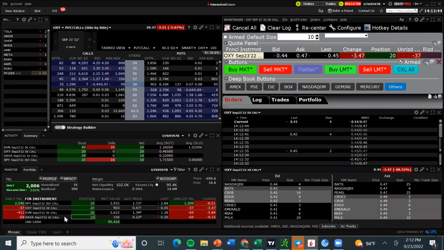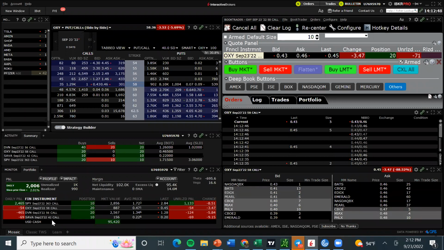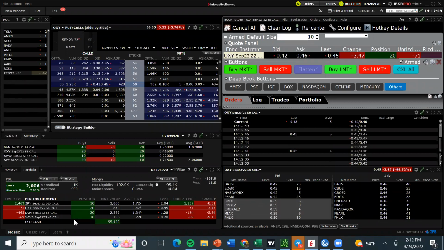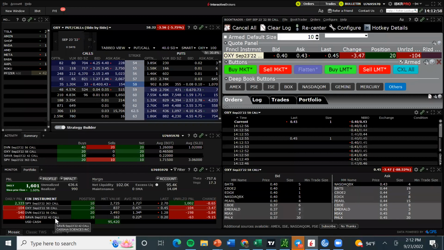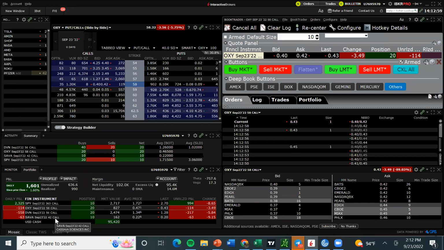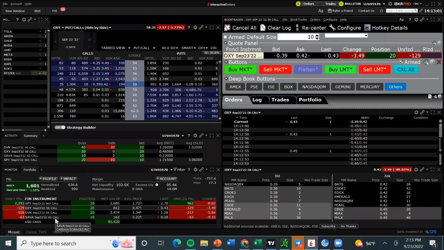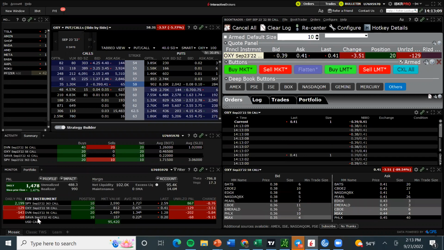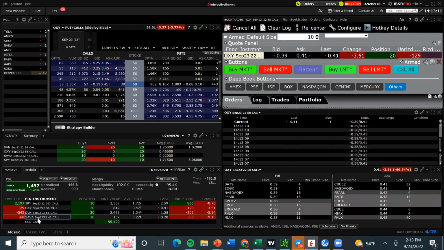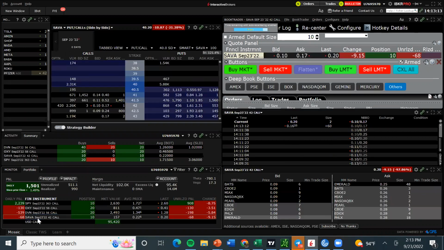Sava also, I should have got 40 call. By mistake, I did 42, but now the stock is around $40. So if you get an in the money call, it is always better. Out of the money, you may not make much on the Lotus. So I'm closing Sava here, because at 42 the risk is high.